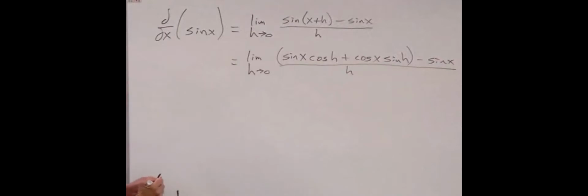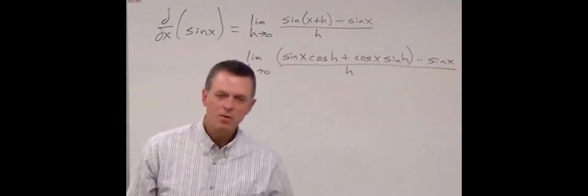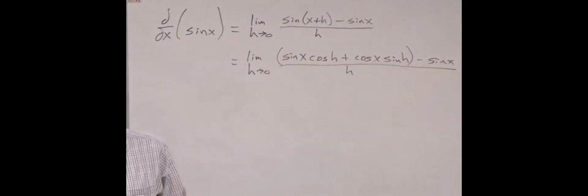So that was the angle sum identity. Now you find out why you really needed to know that back in trig. It was fun in trig, but now you have to know it to be able to do this.